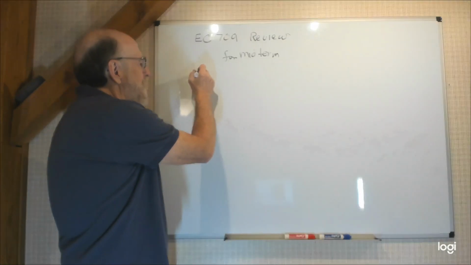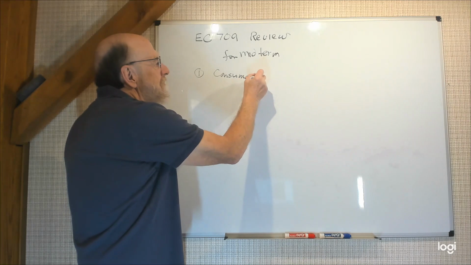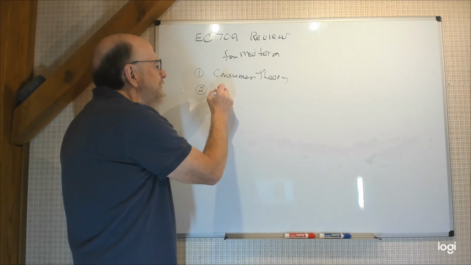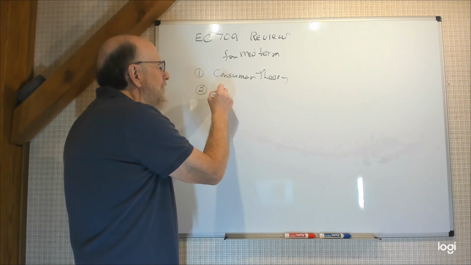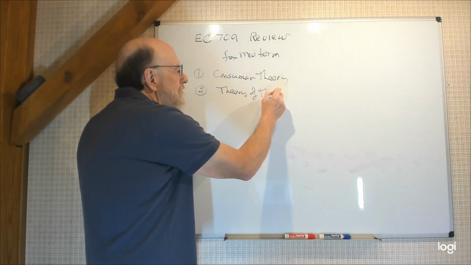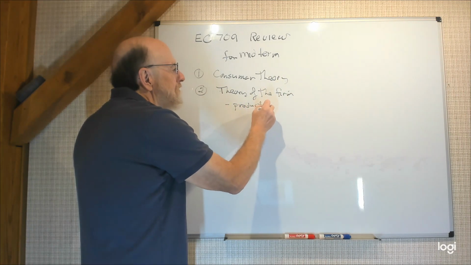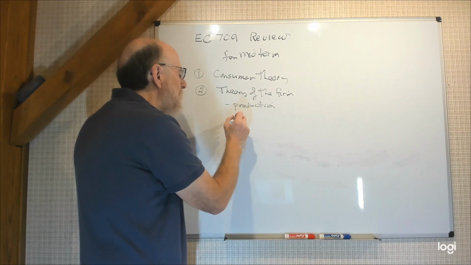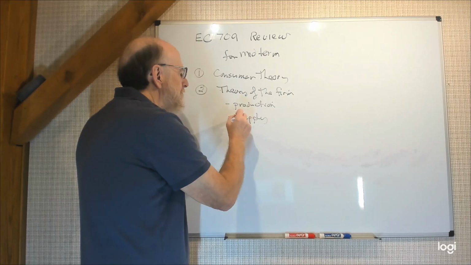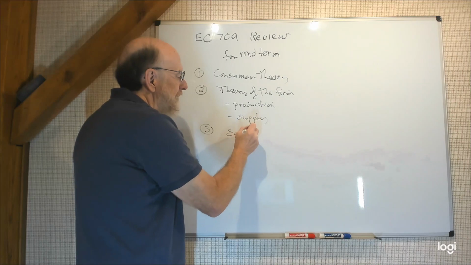So basically we've got consumer theory, theory of the firm, and equilibrium prices.